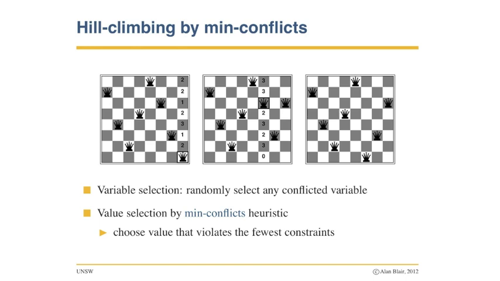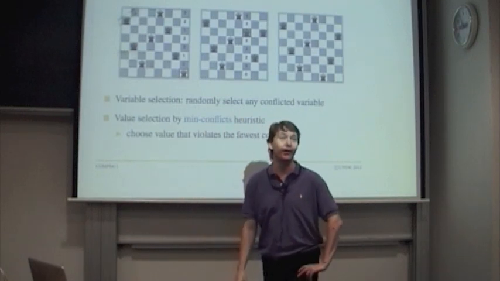Now let's think about why this is called hill climbing. What you imagine is you're moving around in some high dimensional conceptual space, and there's some hill you're trying to climb, and you try to get to the top of that hill by taking one step at a time.